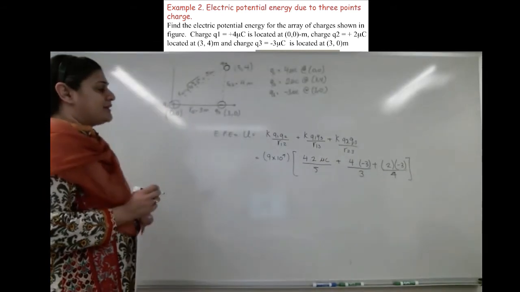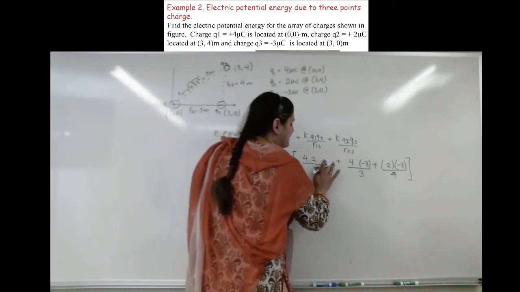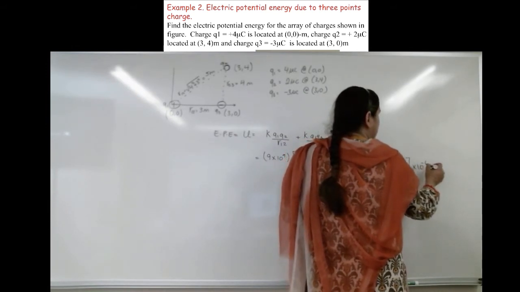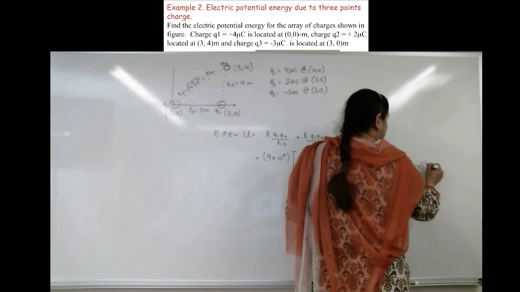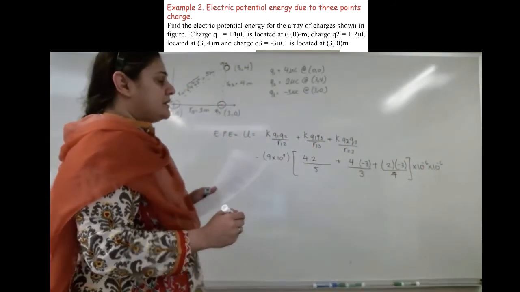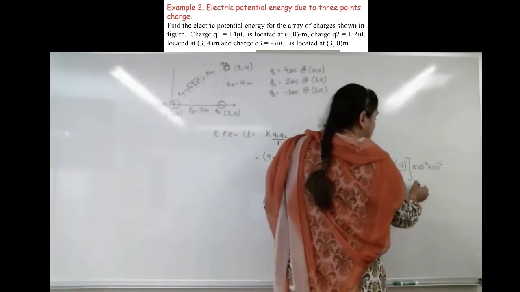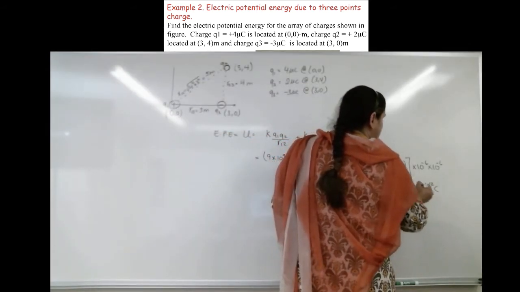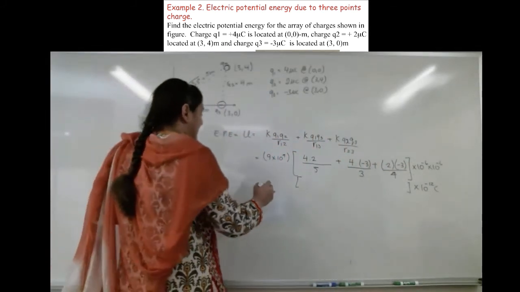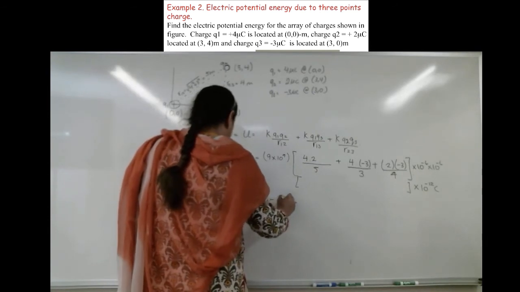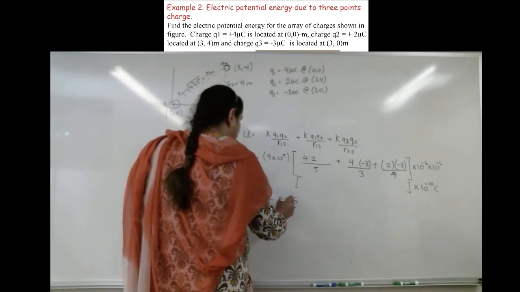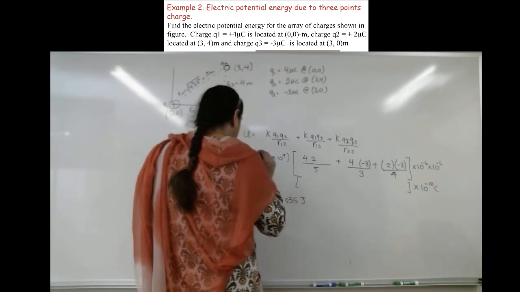They are all microcoulombs, so I'm just going to take the microcoulombs out and put 10 to the minus 6 times 10 to the minus 6 coulombs, which makes it 10 to the minus 12 coulombs, and whatever that number is. So you can do the math and plug in that number. And I believe the electrical potential energy, once we plug in all the numbers, comes out to be 0.035 joules.